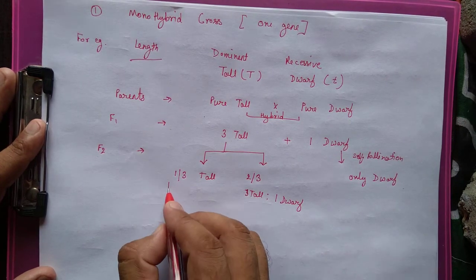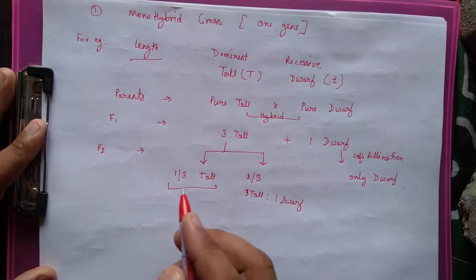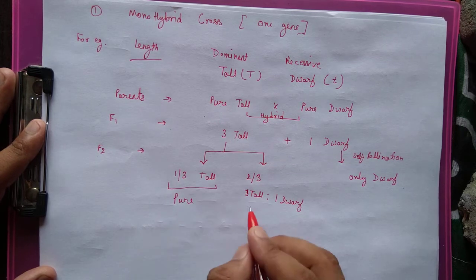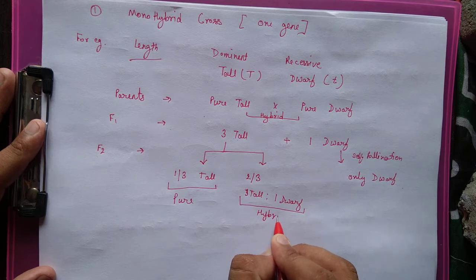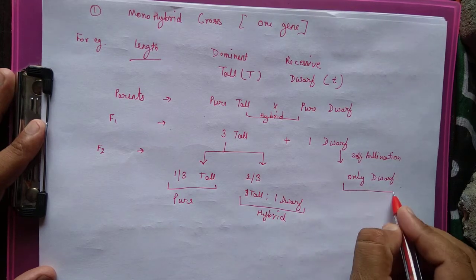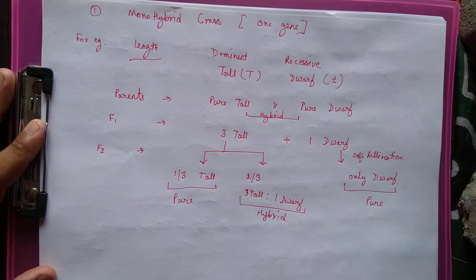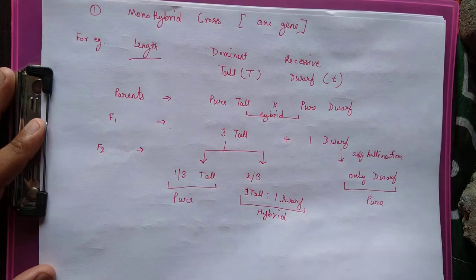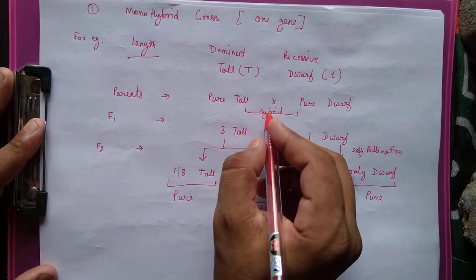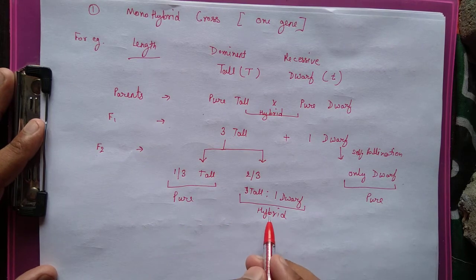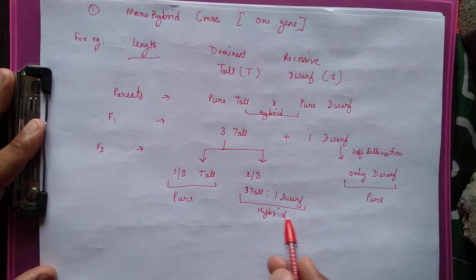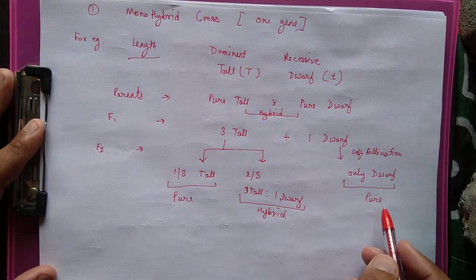Here we are saying all are tall, so they are pure, they are hybrid, they are pure. They perform hybrid again. Here 2/3 are hybrid and one is pure.